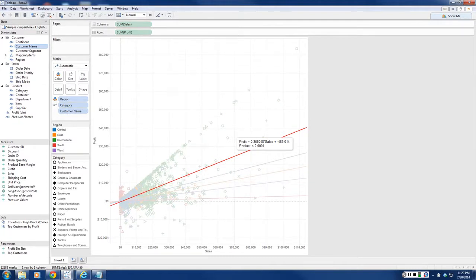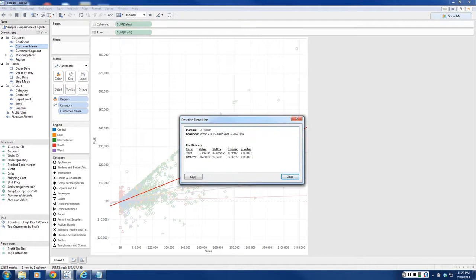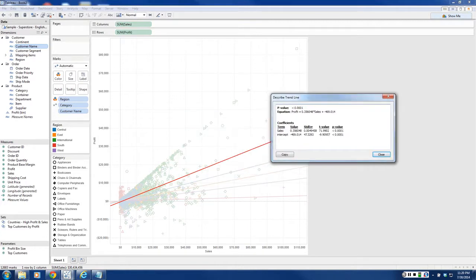So we click on one particular line, and we will do two things. We'll first describe the trend line and then describe the trend model. Let's click on describe trend line, and we see the p-value for the overall equation.